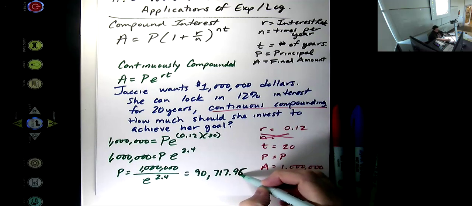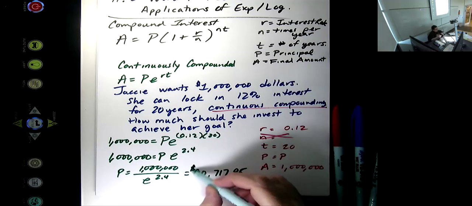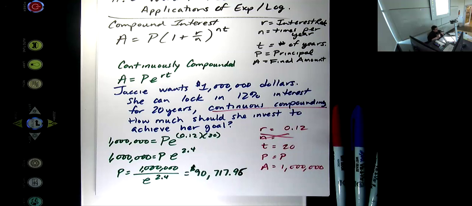I'll round up to 9.6 just because we want to make sure she gets that million. Ain't gonna be nothing madder than having $999,999 and 98 cents because of rounding.